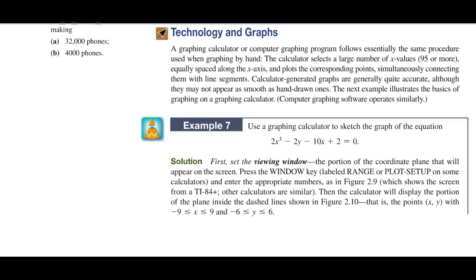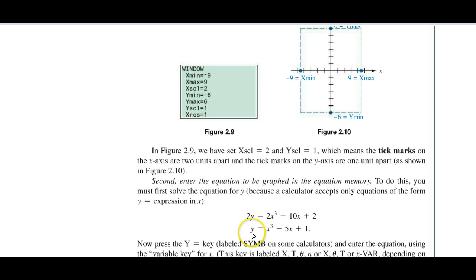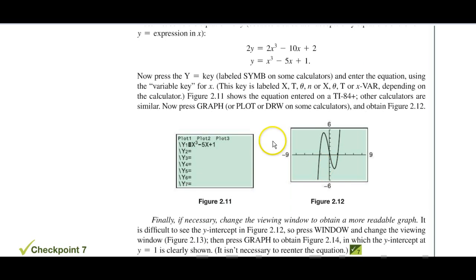And then following those instructions, you get your window set up, then you type this in. Notice this was your original equation. To put it into a graphing calculator, you need to have it as y equals something. So if you divide everything by 2, it becomes this. And then you hit the graphing button, and you'll be able to do this in your math lab because I've seen students do it. Your curve looks like this.